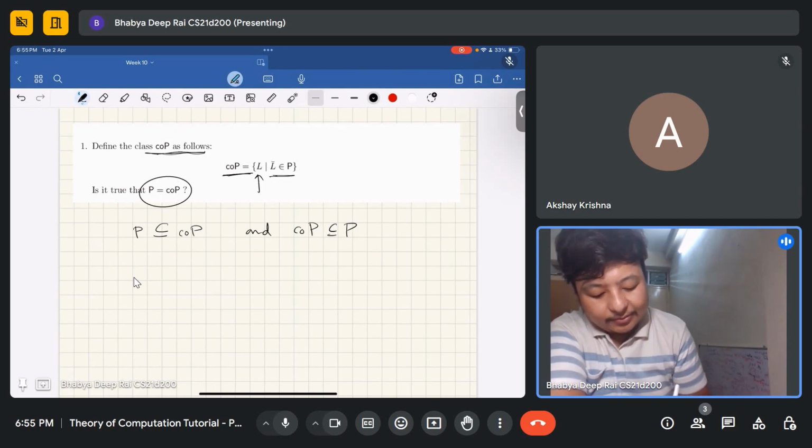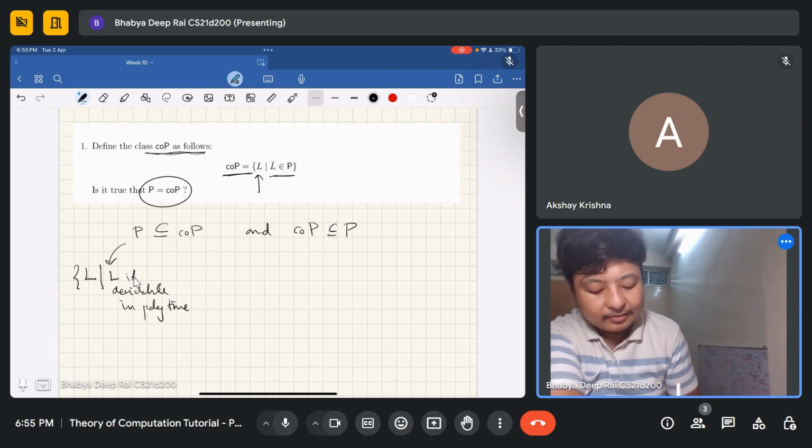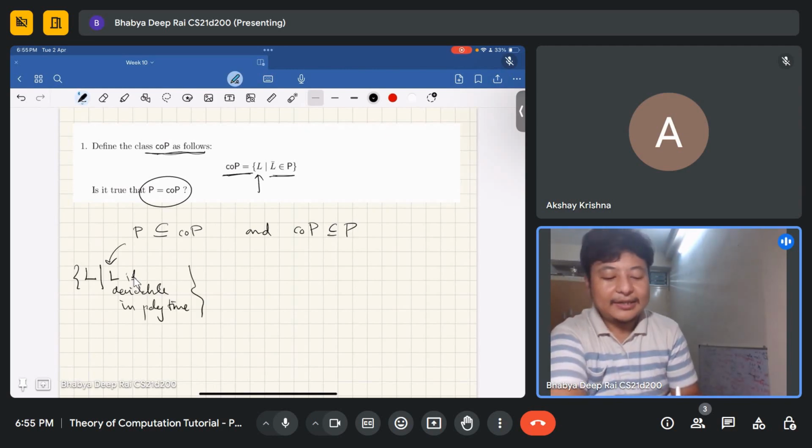So what I mean by this is, if I have a machine for P, or in other words, I have this set of languages such that L is decidable in polynomial time, then I can decide in coP also.